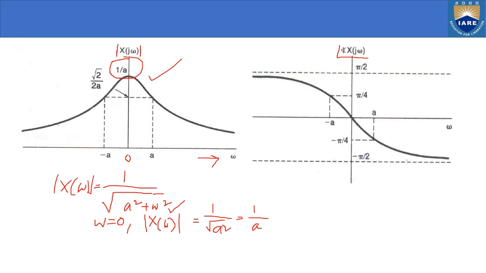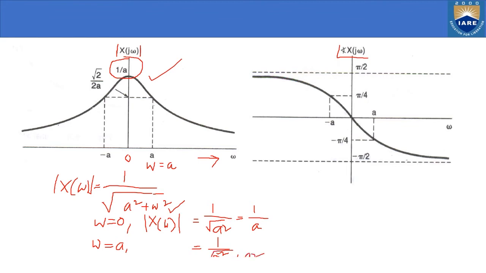Now let us take omega equal to A. Let us say omega equal to A. When omega equal to A, it is not W, it is omega. Omega equal to A. Then what happens to this? 1 by square root of A square plus A square.